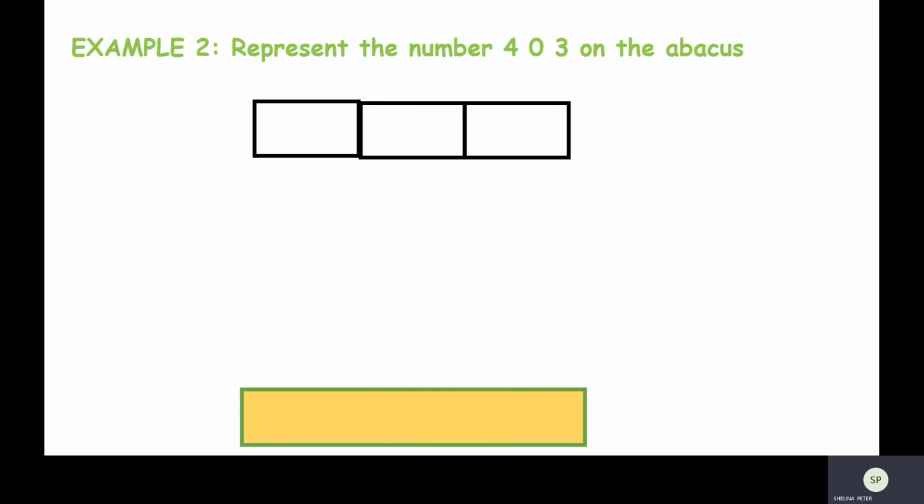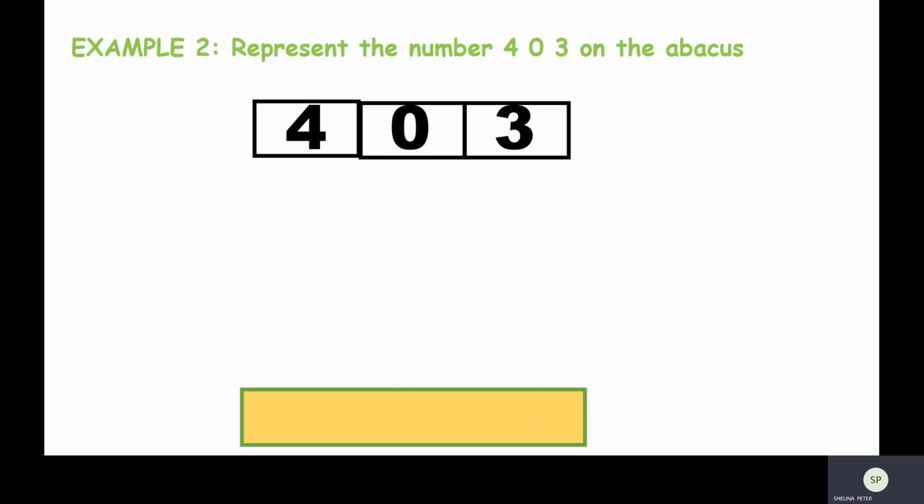What is the first rule? Yes, you're right. We have to see how many digits are there in this number. There are 3 digits. So let us write this number in the box, starting from the right hand side: 3, 0, and 4. As it is a 3-digit number, how many spikes will you use?